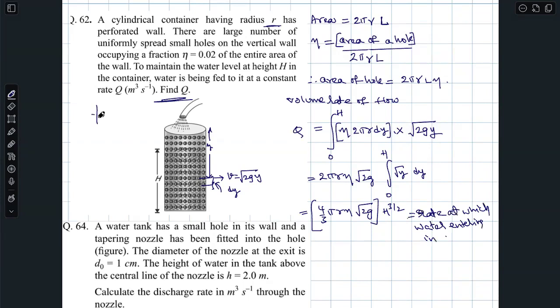So if the rate at which water is entering Q dash is equal to Q, the rate at which water is going out, then h is constant. That is the fundamental principle in solving this question. Please tell me, do you have any doubt in this? Right.